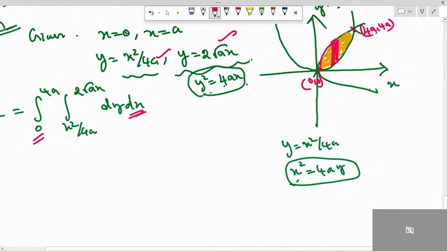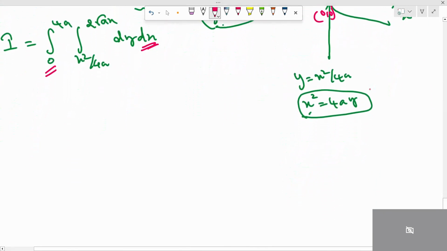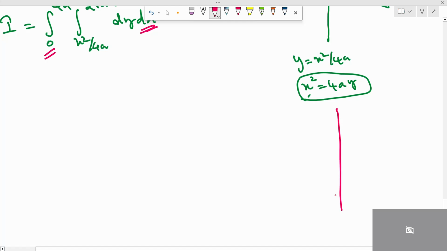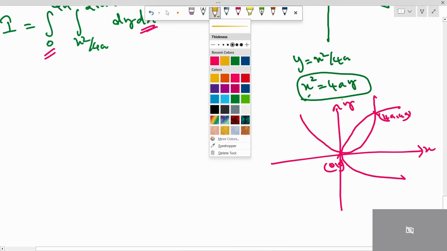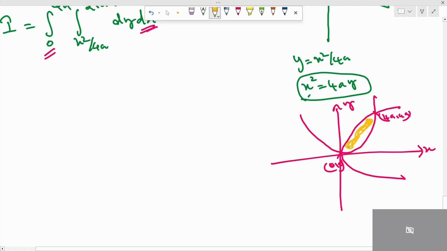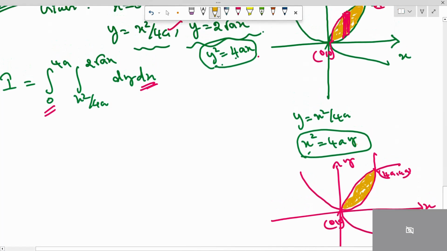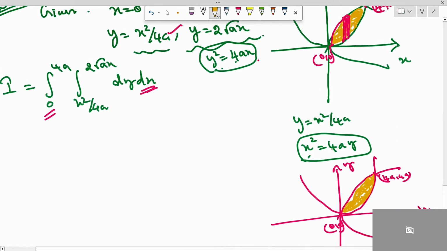Now we are going to rotate the strip perpendicular to y axis. Okay, x axis, y axis, (4a, 4a), here 0, 0, then this is our bounded region, and then you just rotate the strip perpendicular to y axis like this.